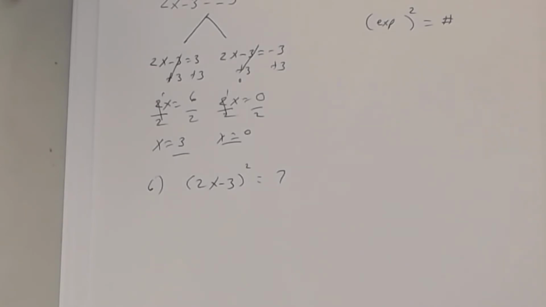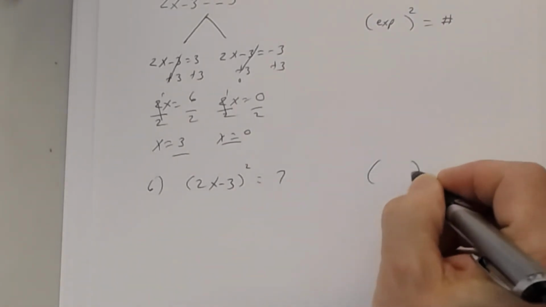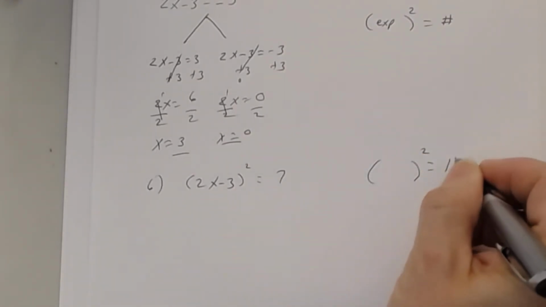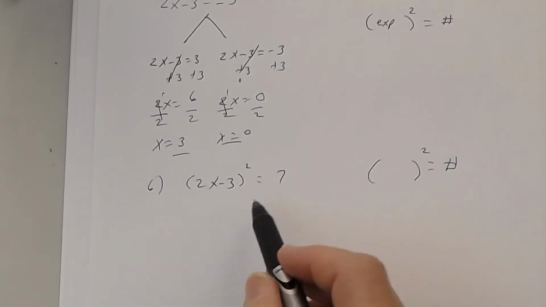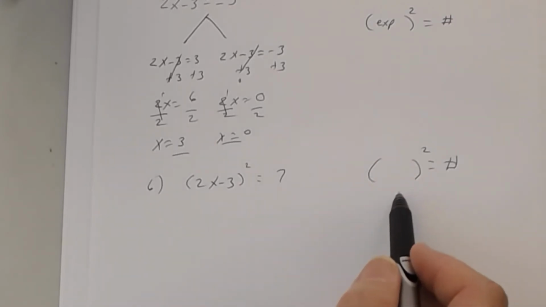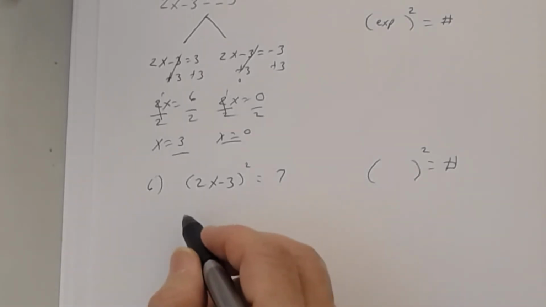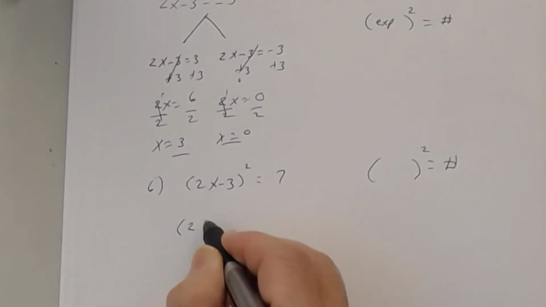That was the first approach we did. And now we also know what other way? Square root property. But in order to use the square root property, it's got to be a certain form. It's got to be something that looks like this: some expression squared equal a constant. And is that what this is? Does that look like this? Yeah. So now what's the next step? Take the square root of both sides.